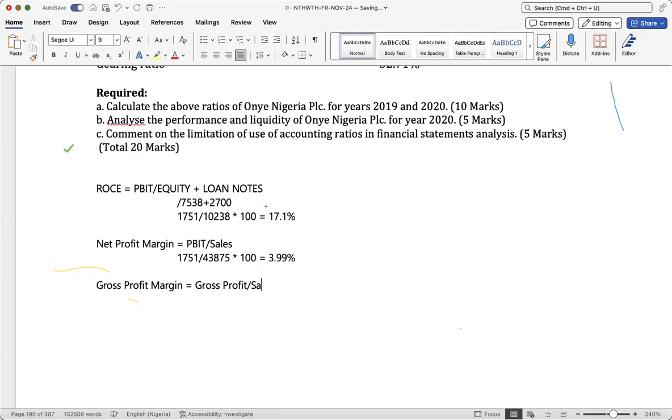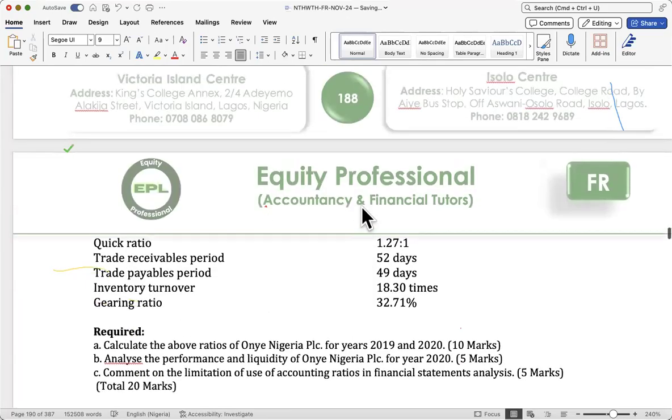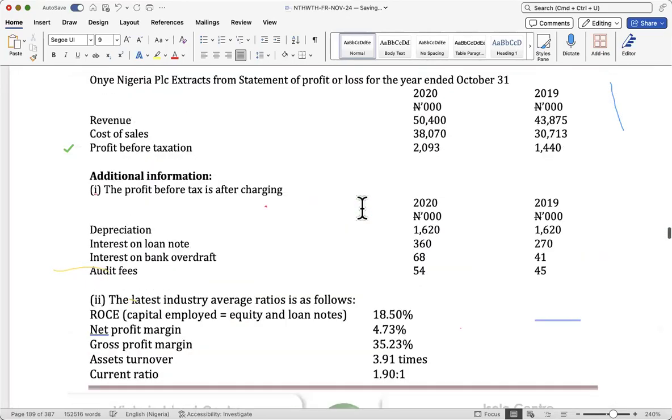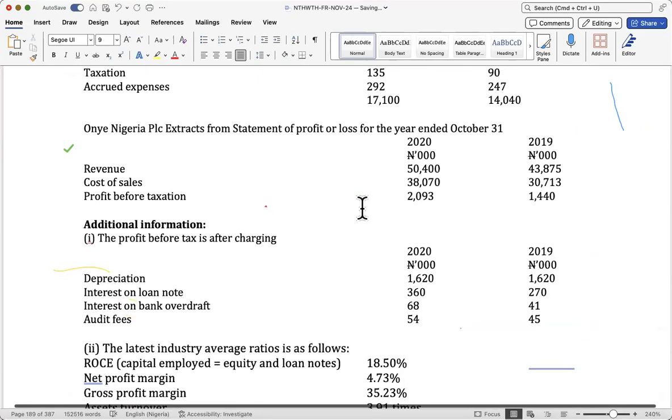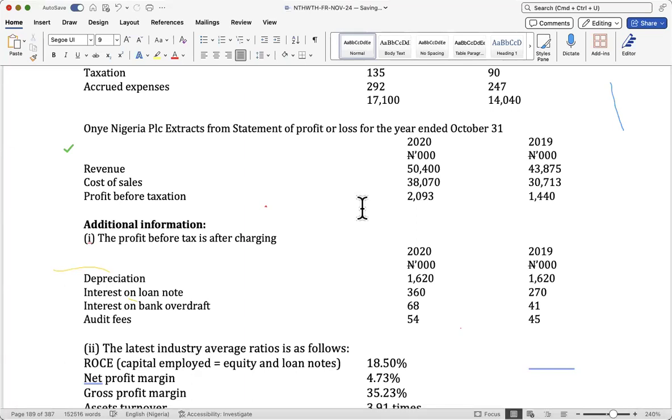I already know my sales is 43875. But what's my gross profit in 2019? Revenue minus cost of sales.